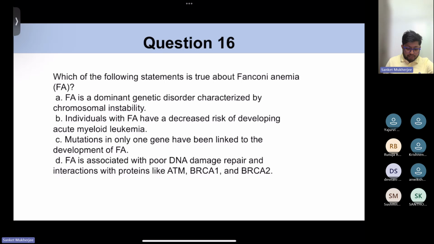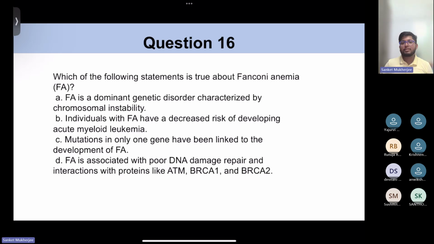Which of the following statements is true for Fanconi anemia? Fanconi anemia is a dominant genetic disorder characterized by chromosomal instability. Individuals with Fanconi anemia have a decreased risk of developing acute myeloid leukemia. Mutations in only one gene have been linked to the development of Fanconi anemia. Or, Fanconi anemia is associated with DNA damage and repair and interactions with proteins like ATM, BRCA1, and BRCA2.